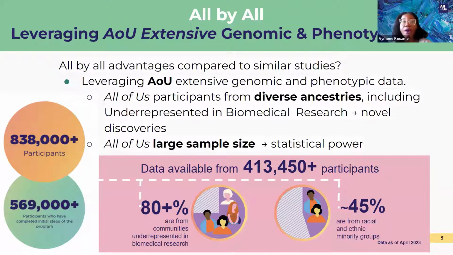As you may know, our goal is to have about 1 million participants enrolled. Right now, we have about 800,000 participants enrolled, and out of these people, about 400,000 participants have had their data curated. They went through all the consent and all the processes necessary to make everything safe and secure and release that to you, the researchers.